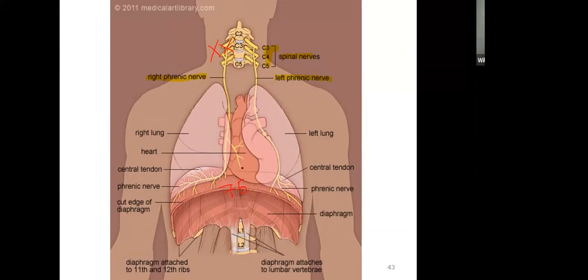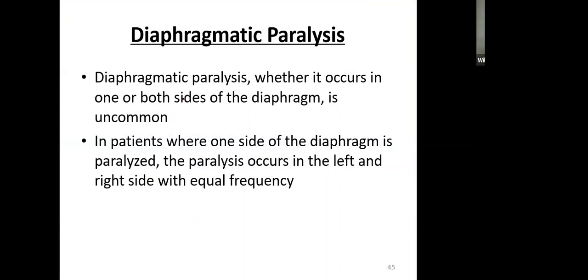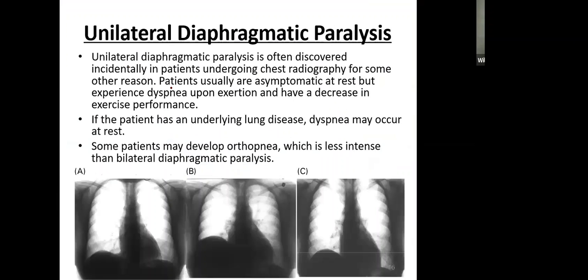So they're going to have to go on a ventilator because the diaphragm is completely gone. If you lose half the diaphragm, you're going to lose half of the 75% function. Let's look at the right phrenic nerve and the left phrenic nerve, and then let's look at paralysis.